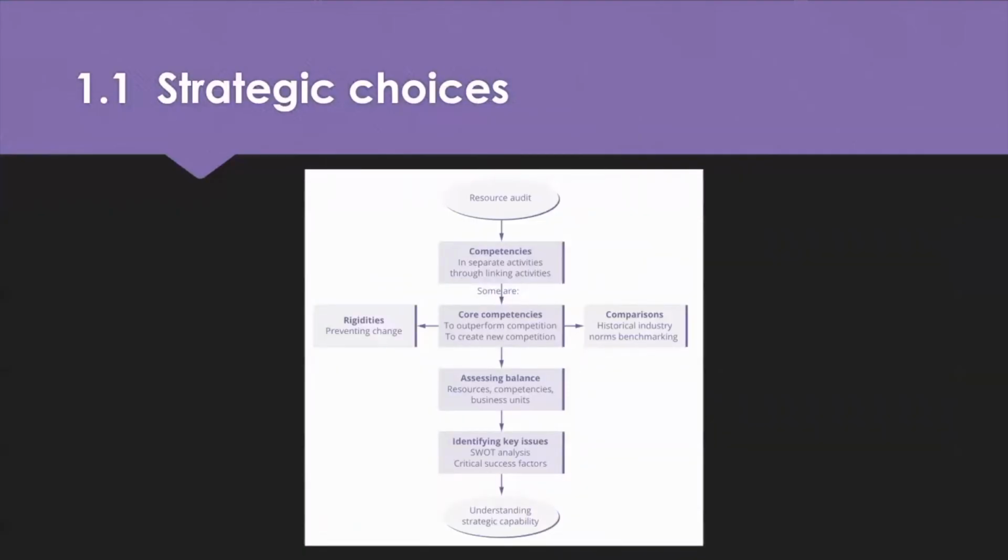Now, strategic capabilities are the resources and capabilities that an organisation possesses. In other words, it's the strengths and weaknesses. Now, understanding these internal influences and constraints will inform the strategic choices. In order to occupy a competitive position, a business has to formulate appropriate and effective strategies.